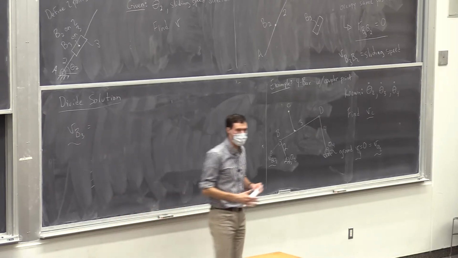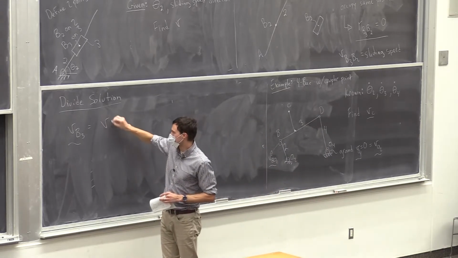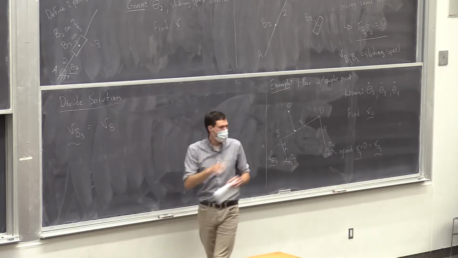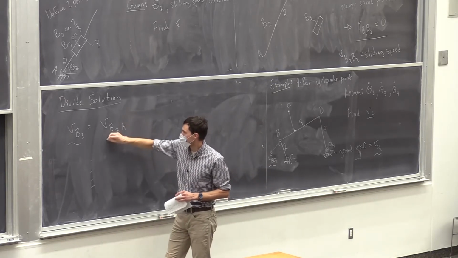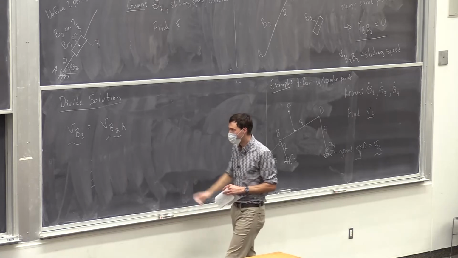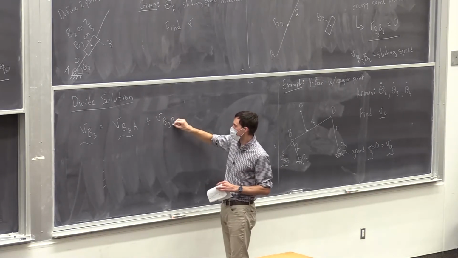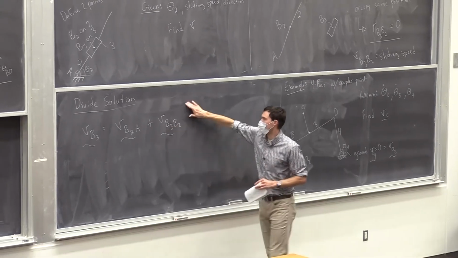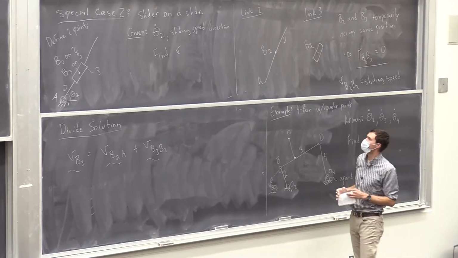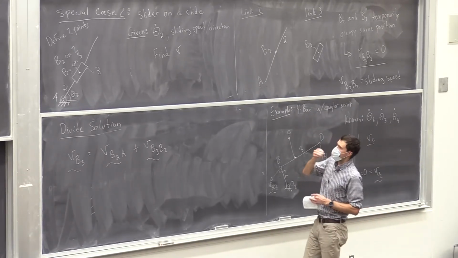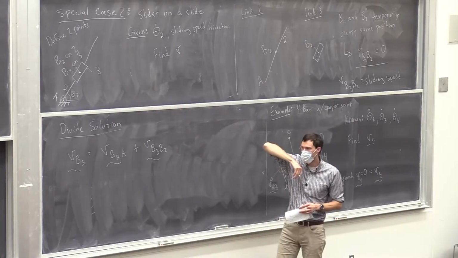If our goal is to find the velocity of B3, let's divide it into two easy pieces, and you'll see why in a minute. First, let's find the velocity of B2 relative to A, and then add to that B3 relative to B2. So it's the same idea as when we were studying the 4-bar, but in this case, our stepping stone is B2.